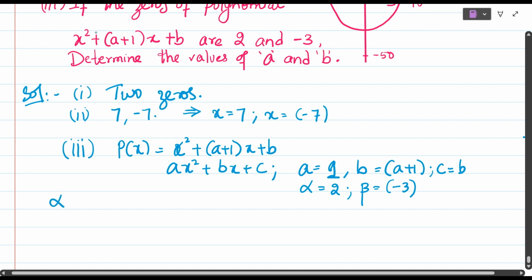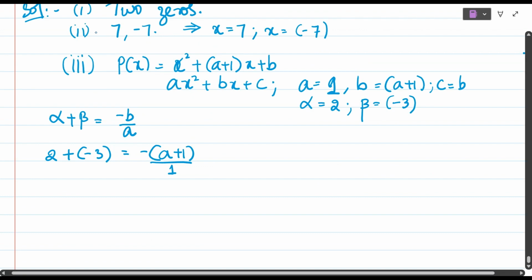We know that alpha plus beta, the sum of the zeros, is equal to minus b by a. So alpha is how much, students? 2 plus beta, which is minus 3, is equal to minus of (a plus 1) by the value of a, which is 1. Okay. Now we are going to solve for a. So 2 plus minus 3 is 2 minus 3, that is equal to minus of (a plus 1) by 1, which is minus (a plus 1).